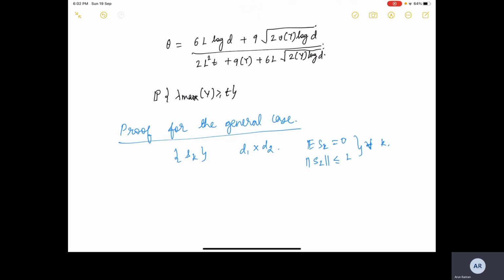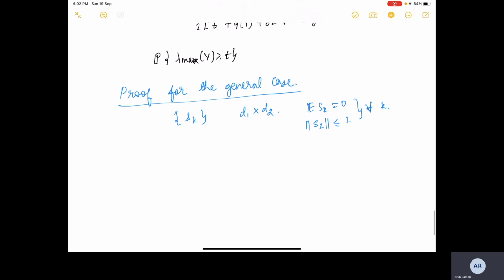The main idea, or the main concept, and it might be a very useful trick, is that of Hermitian dilation. So that is the main idea of how we port the result from the Hermitian case to the non-Hermitian case.